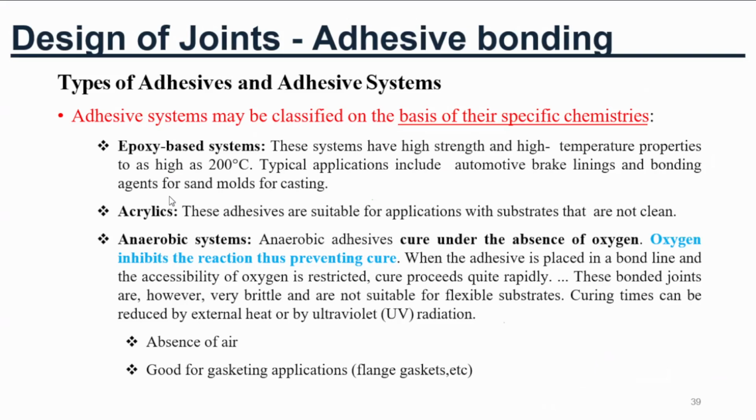Next, the acrylic adhesive system. These adhesives are suitable for applications with substrates that are not clean, designed for use on unclean or slightly contaminated surfaces, with fast curing and good toughness, joining metals, plastics, and composites.